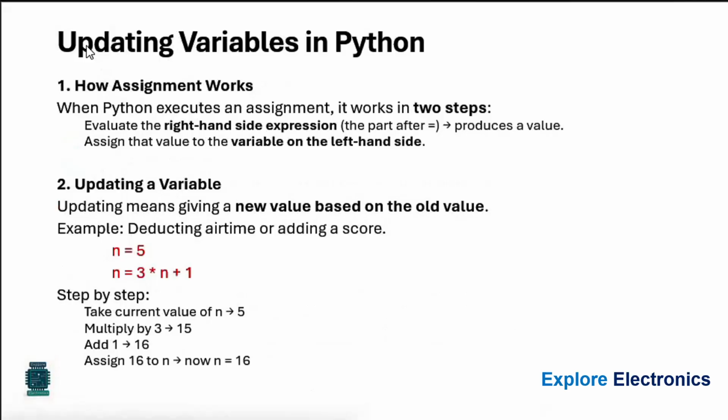And the next concept is updating variables in Python. How exactly does assignment work when we update a variable? Let us see. When Python executes an assignment, it works in two steps. First, evaluate the right hand side expression and produce a value. Second, assign the value to the variable on the left hand side.